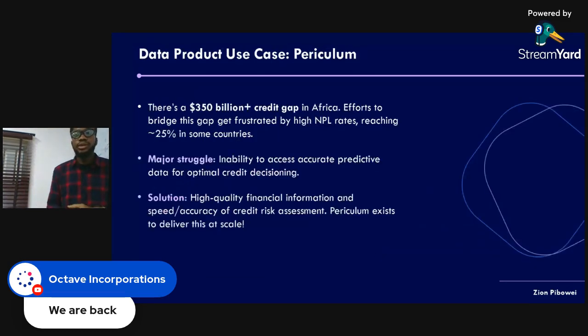I'll walk through a data product use case in my team. In Africa, of course, there's a very huge credit gap, a $350 billion plus credit gap. What that means is that if you think that a lot of people are getting loans today, you're wrong. We are not even anywhere close to the potential that we can have in the credit industry.